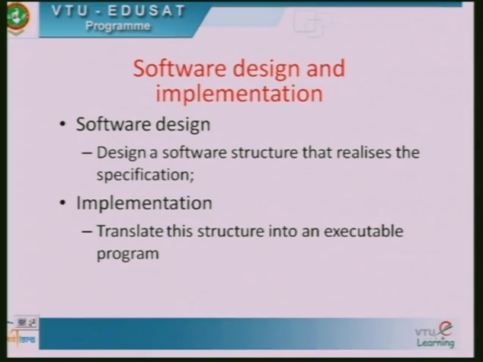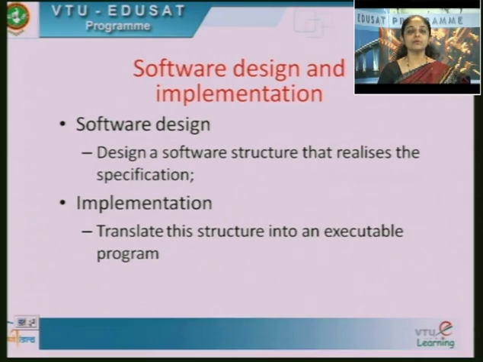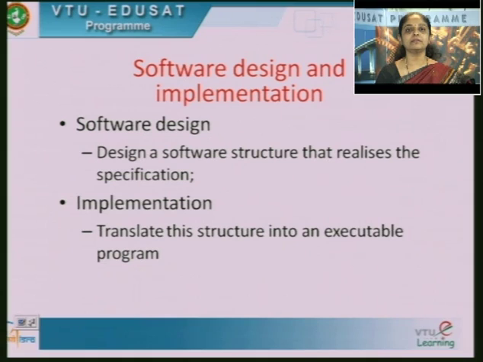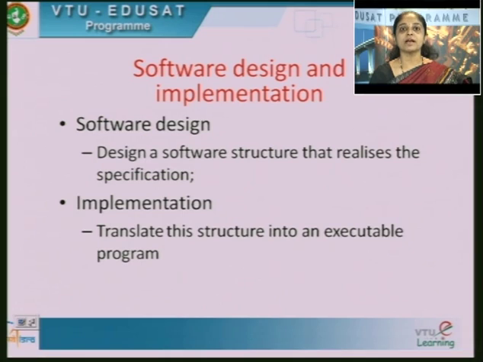So, what is software design? Software design is the design of the structure of the components that are a part of the software product that you are going to produce. Based on the requirements that you have gathered in the previous phase, you are now going to describe the data structures that are involved, the models, and the components that you are going to use as a part of this software development.